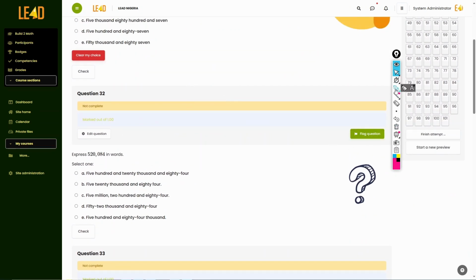This says express 520,084 in words. So 520, this is now the thousand space.